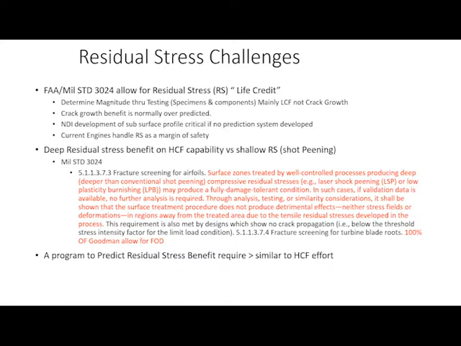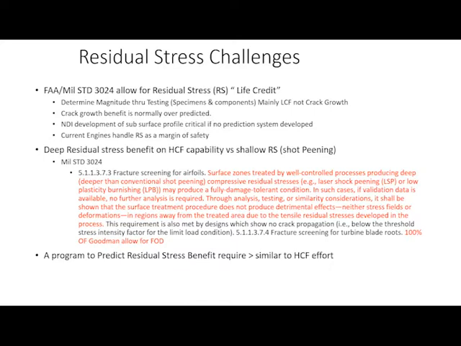Now, the deep residual stress on LCF, which we've already talked about, again going back to MIL-STD-3024, you can see the section there. It does allow LSP and LPB if you've got validation data that exist. And that's where I was talking about this 4 to 5 year program and 4 to 5 million.